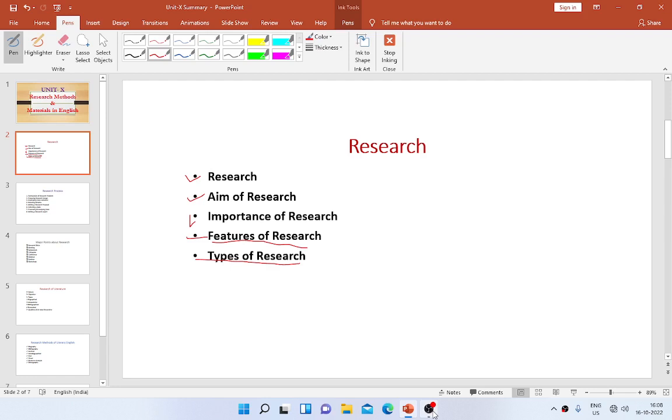Next is action research. We can say that action research was coined during the 1940s by Kurt Lewin. Kurt Lewin is a German American social psychologist.